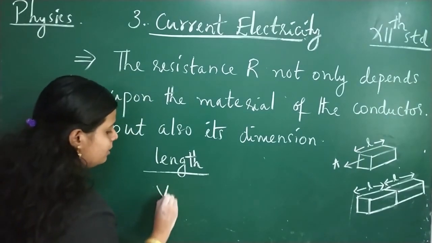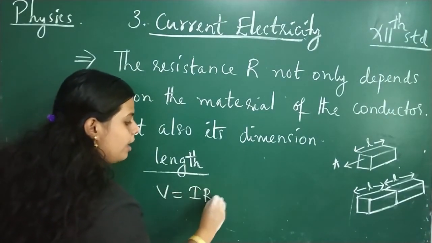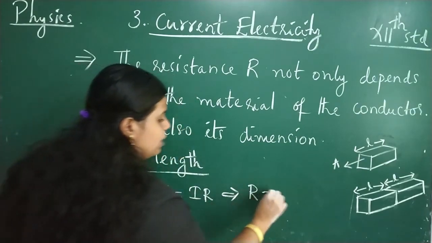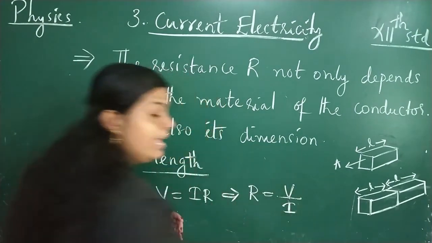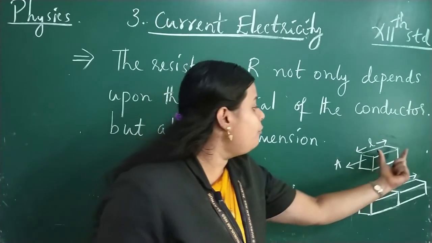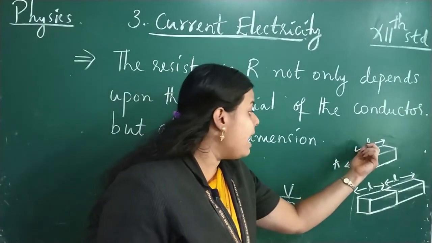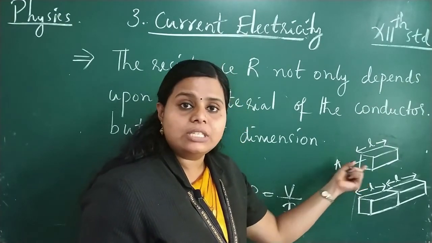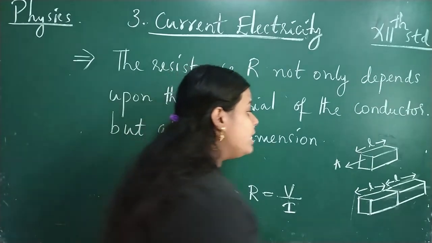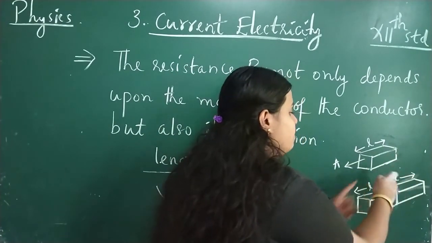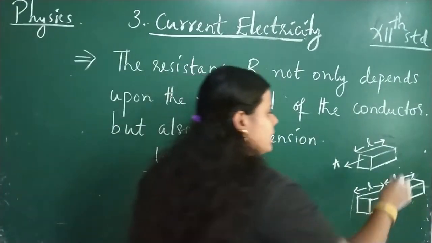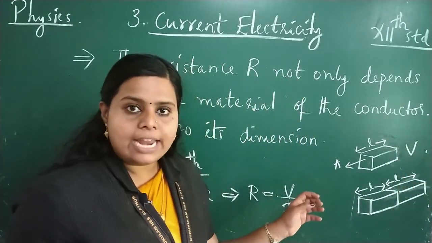We have V is equal to IR, and from this expression we can write the resistance R is equal to V divided by I, right? So here we have the material of conductor having length L and area of cross section A. Once we have applied a potential difference V across this conductor, what about the potential difference across these two ends? Yes, it will be V, right?